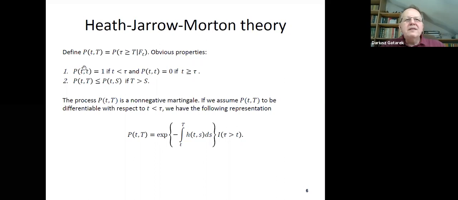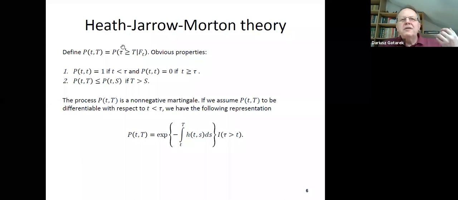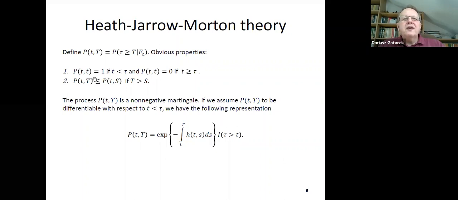Yes, and P_t(t) is, of course, equal to 1, because the probability that we've already defaulted is either 1 or 0, because we know that. Yes, and the process P(t,T) is a non-negative martingale.